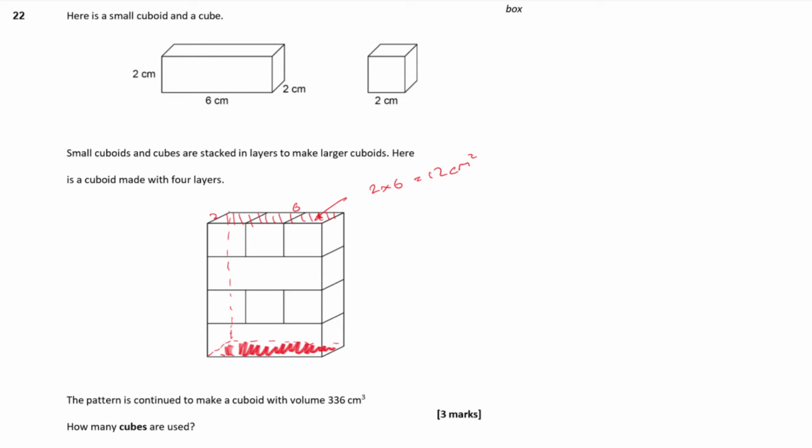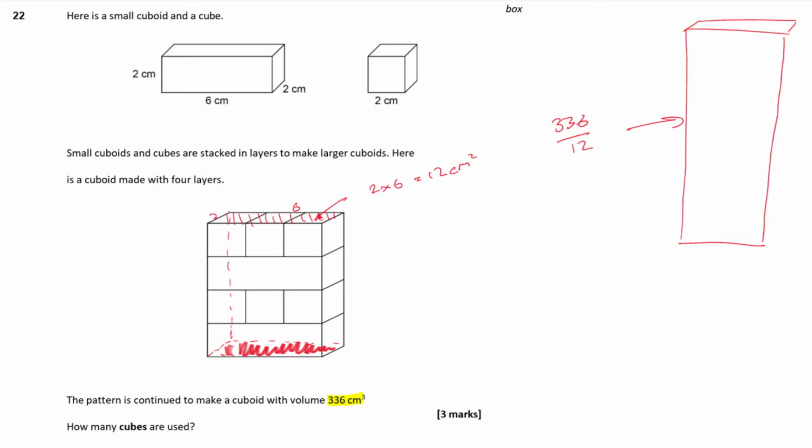Okay, and then if I know the volume of my shape is 336, then the cuboid that I'm going to build, the big long tall one, is going to be 2 by 6 by this long length here, which is going to be 336 divided by 12, isn't it?